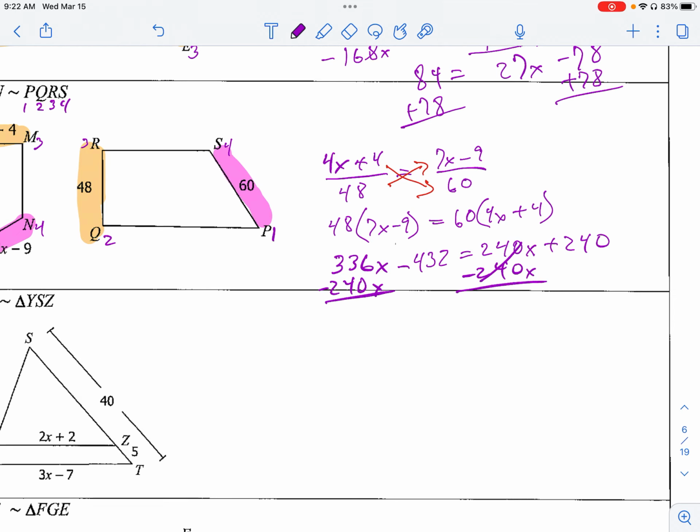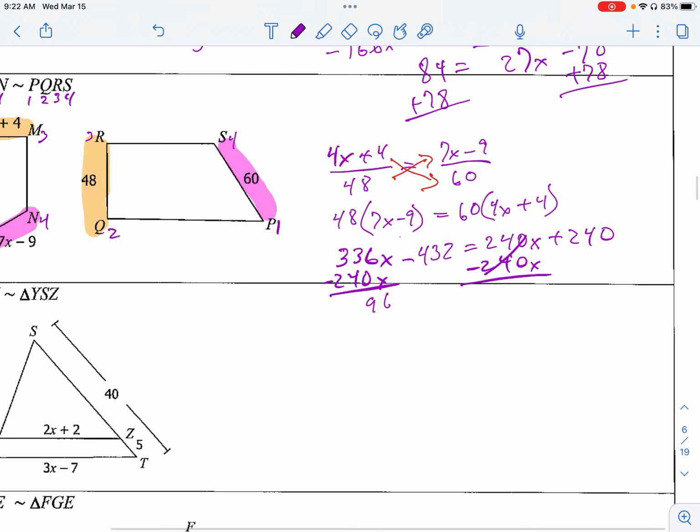All right, so we get the x on the same side. Then plus 432. We get the x by itself, and we're going to move up here because I'm running out of space.